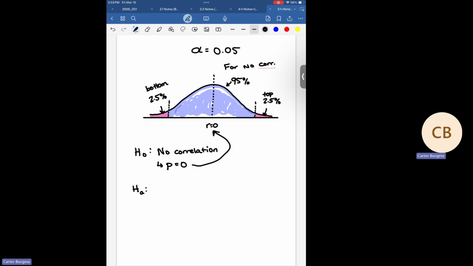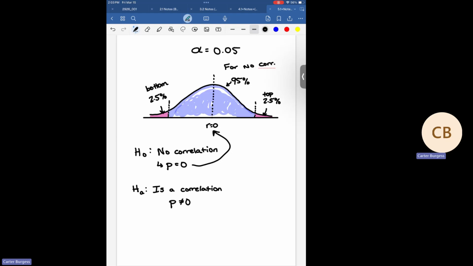Right, which is saying that it matches our proposed mean up here. Okay. Alternatively, if that's false, what must be true? That there is a correlation. And if there is a correlation, then what do I know about my population R value? Not necessarily that it's super strong, but we know that it's not 0, right?